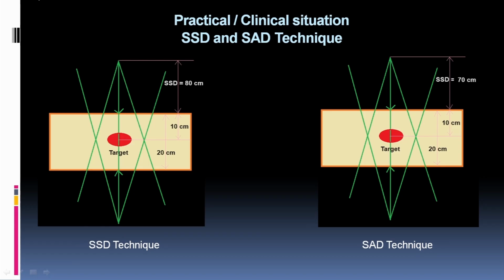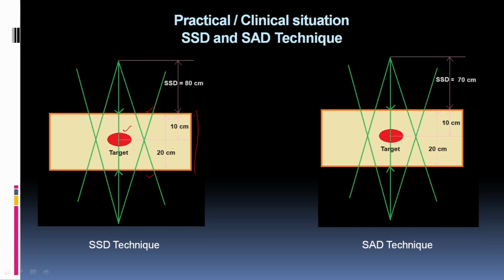Now, you can see two situations here. Suppose this is the patient, and where the source is, we are treating this target, the red one. The patient separation is approximately 20 centimeter, from one side to the other side.